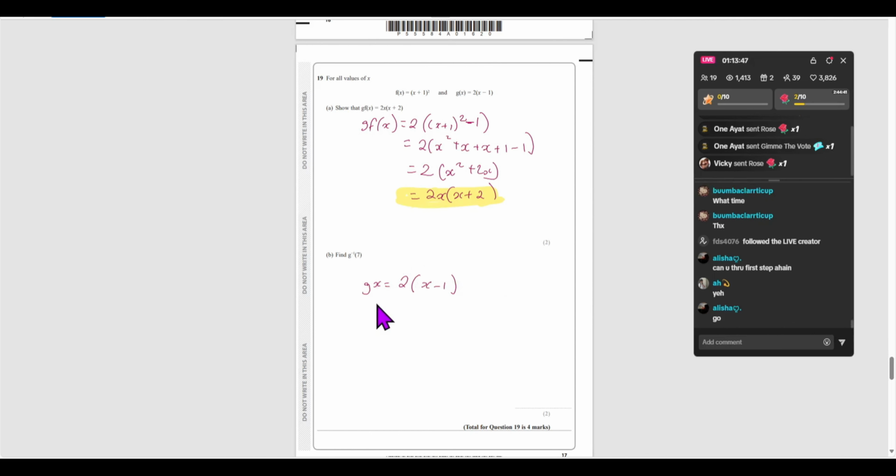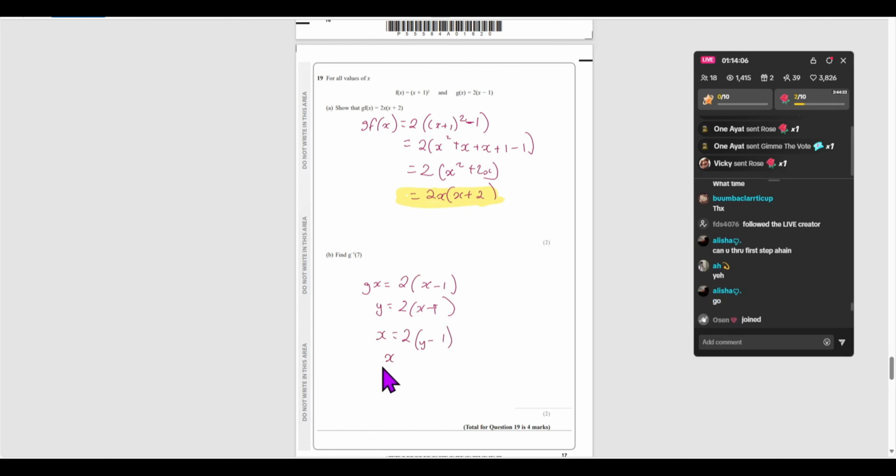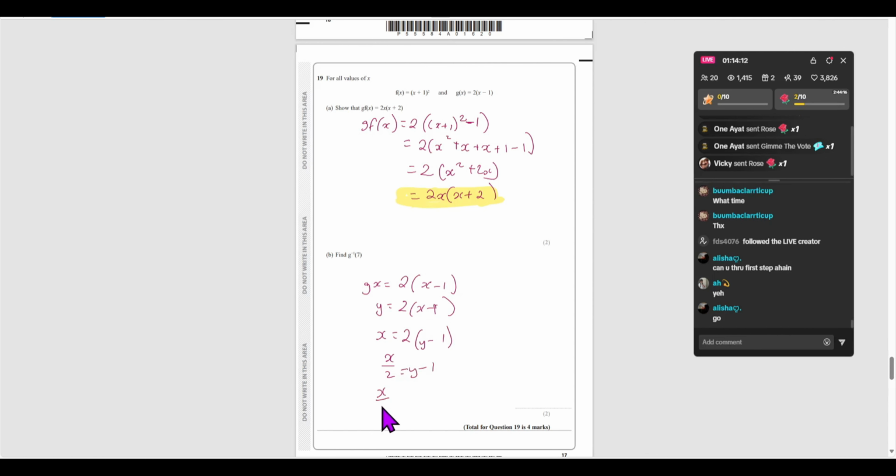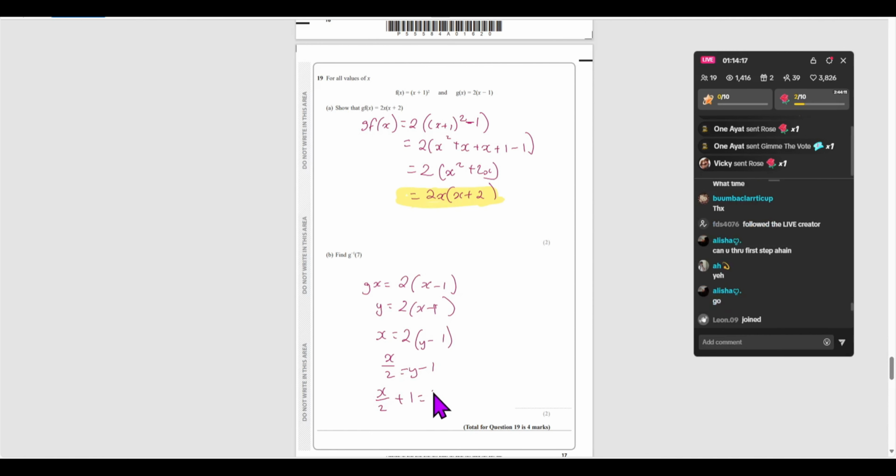Now, we'll rearrange this. We just give this a value of y, so y is equal to 2x minus 1. And then you'll rearrange it to get x is equal to 2y minus 1. And then x over 2 equal to y minus 1. Then x over 2 plus the 1 equals to y.